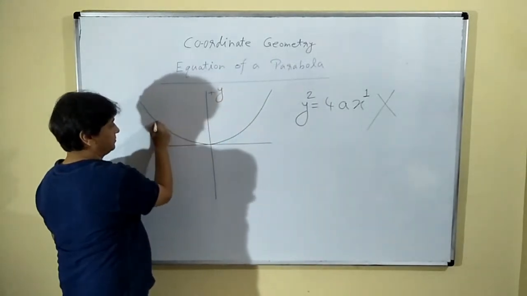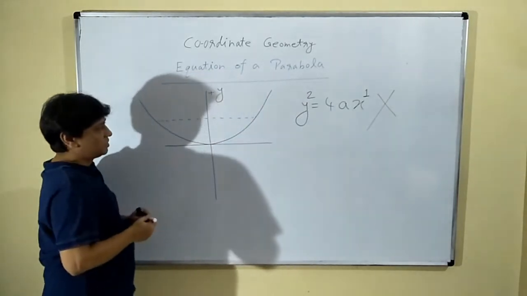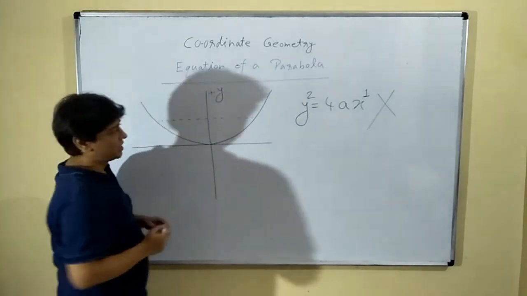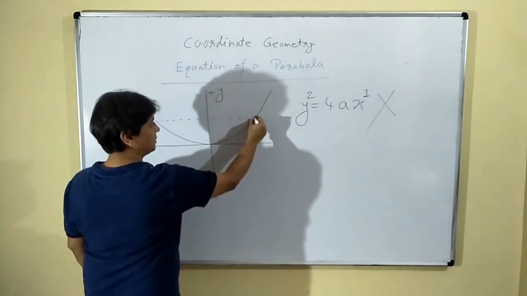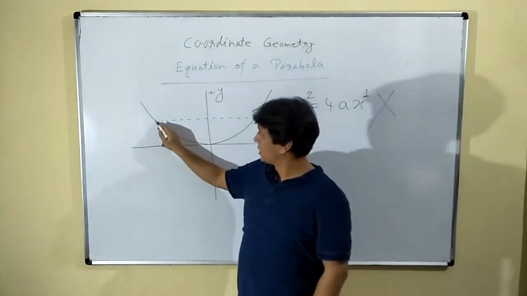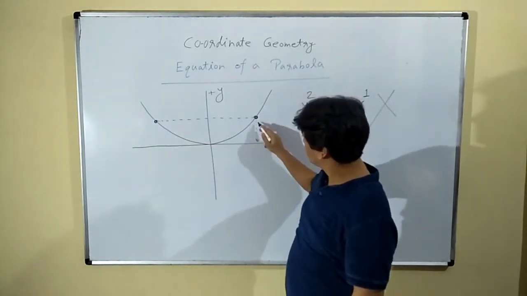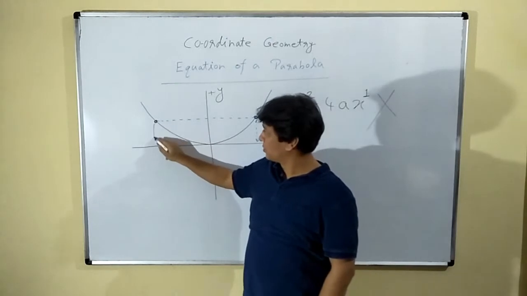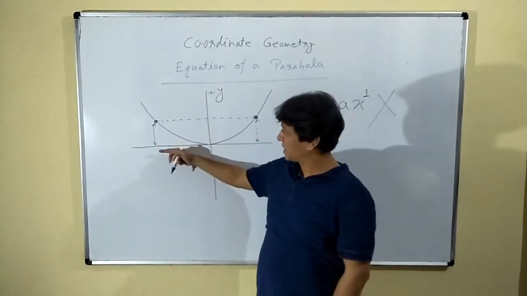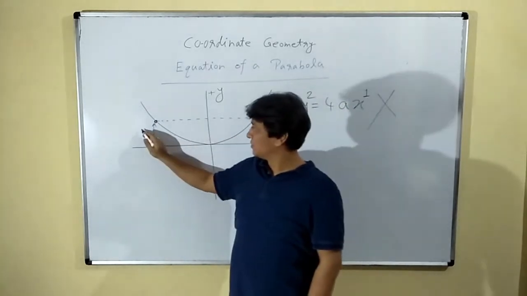If you draw a horizontal line like this, इस horizontal line का मतलब है कि आप अगर यहां पर हैं, at this point, or you are at this point, at both these points your y coordinate is what? Same. Height. This is y, this is y.